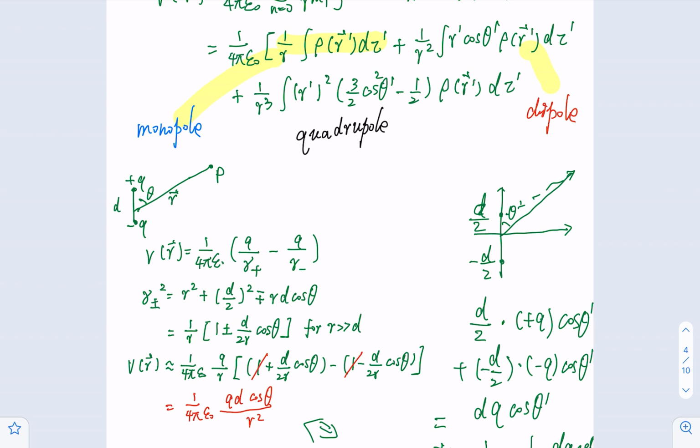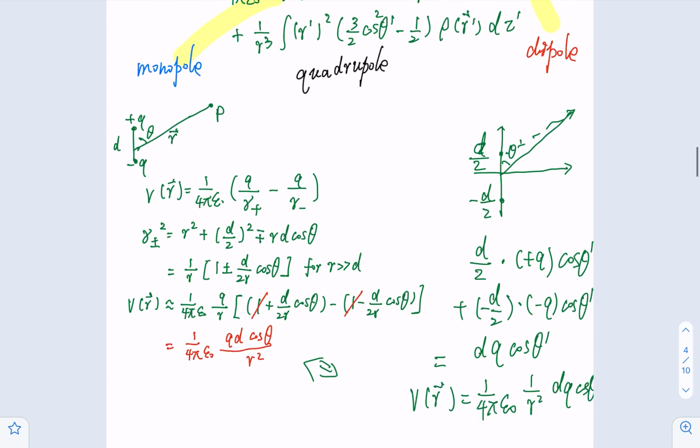So here, this r' cosine theta' is equal to a constant if we are looking at the far field limit, and then this r' is d over 2 for the positive charge, and minus d over 2 for the negative charge.